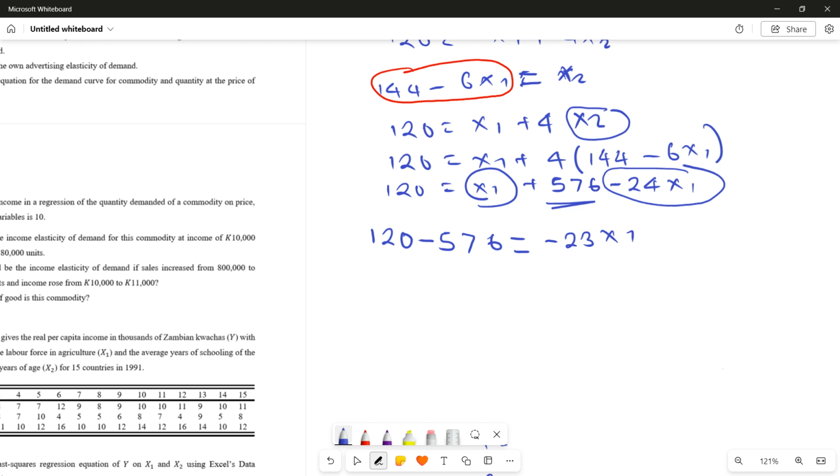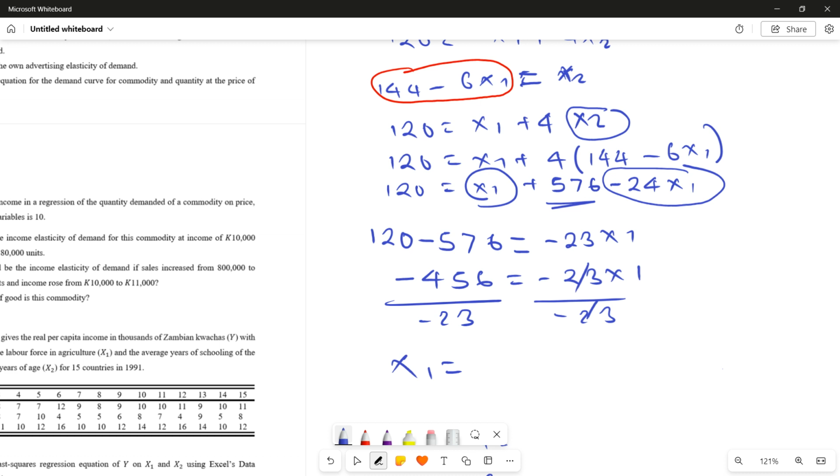Now 120 minus 576, you're going to get negative 456, is equal to negative 23x1. You want to make x1 the subject, just divide by negative 23, even here by negative 23. You cancel, so that your x1 is negative 456 divided by negative 23, which will give you something like 19.8261. Let's make this a whole number.